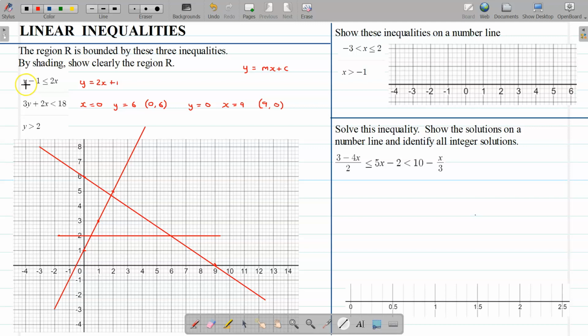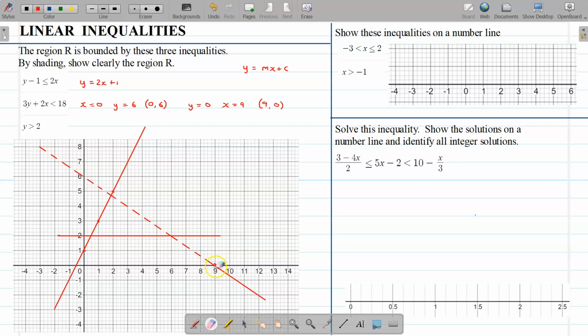So the first one, y minus 1 less than or equal to 2, was including, so that's a solid line, so that stays as it is. This one is not including, it's less than, so it should be a dashed line. So on the tablet I can change that just by taking out some of the line like that, and obviously if you've drawn it in pencil you can easily correct it and adjust it.